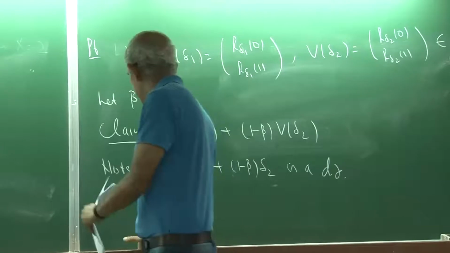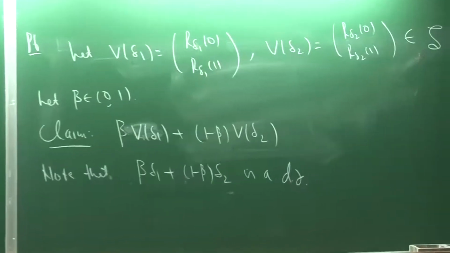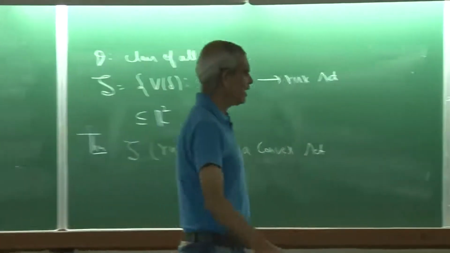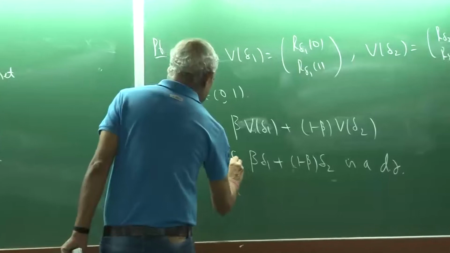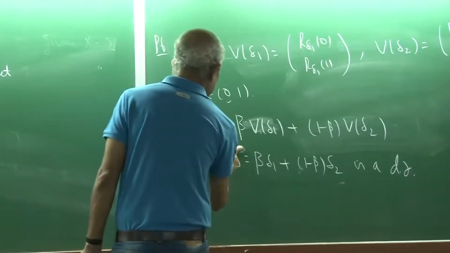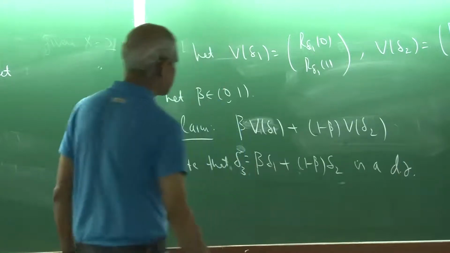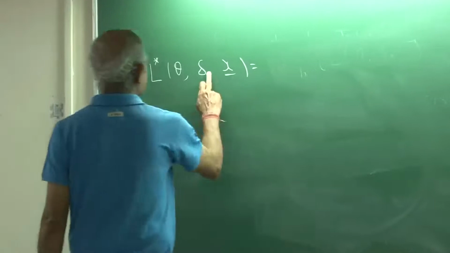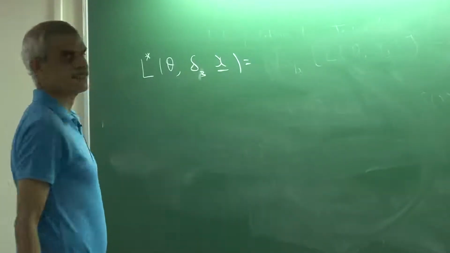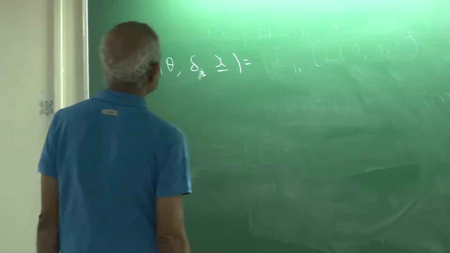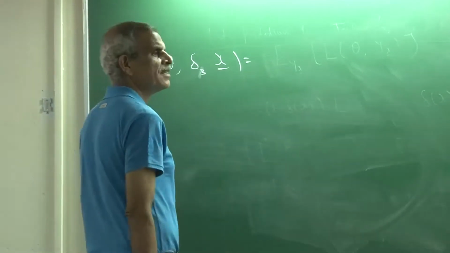Now the only thing I need to say is what is its risk. So let me call this delta star or delta 3. So what I see is what is L star theta delta 3 x.